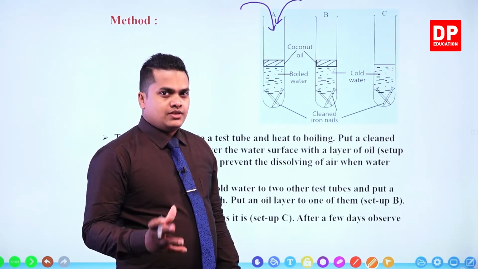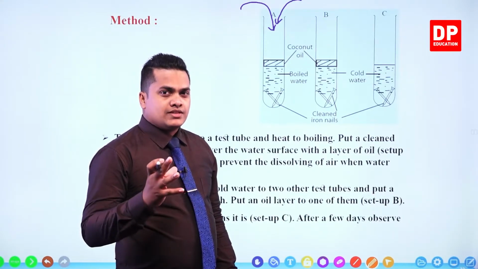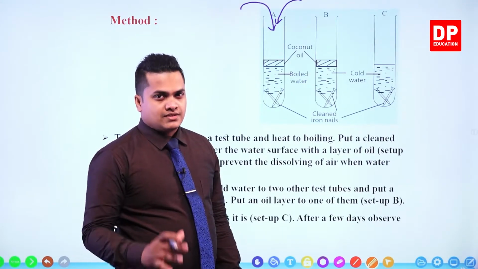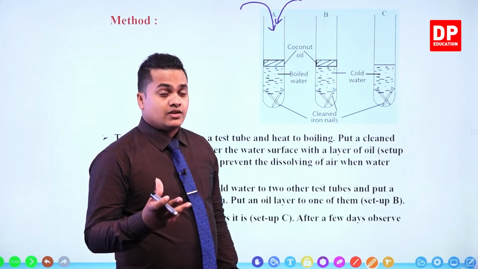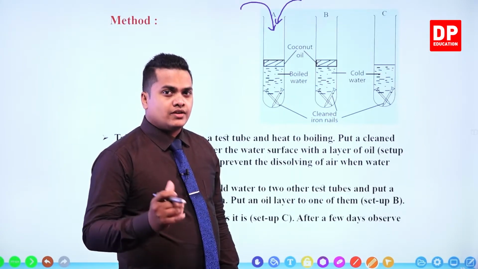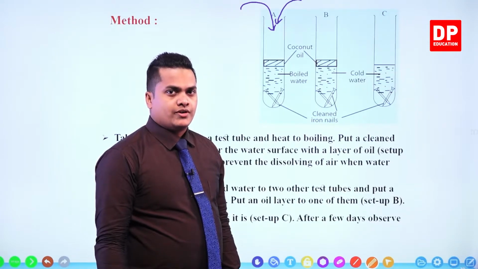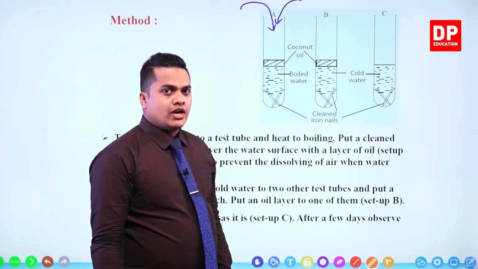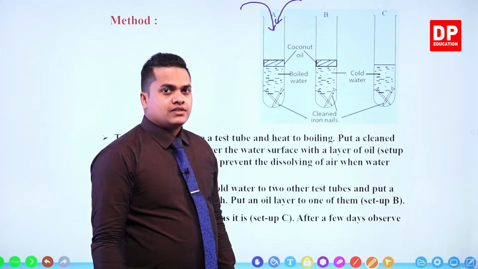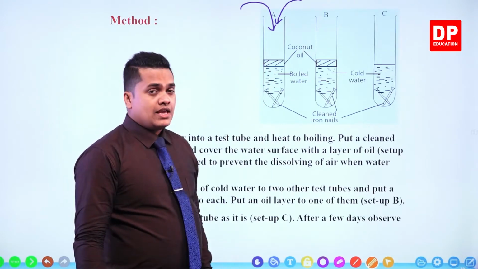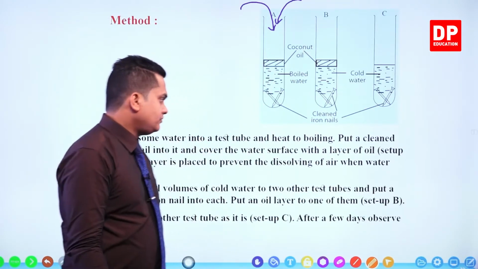Oxygen is a gas that gets dissolved in water. That's why fish can respire in water. So when water cools down after boiling, some oxygen is going to dissolve in it. To avoid that, we add that layer of coconut oil.